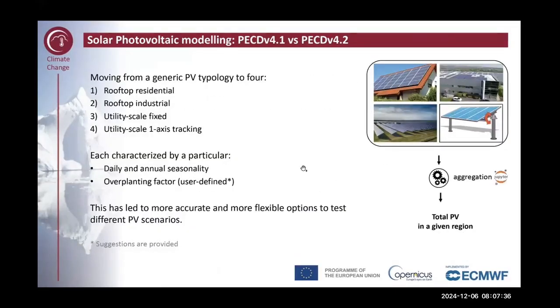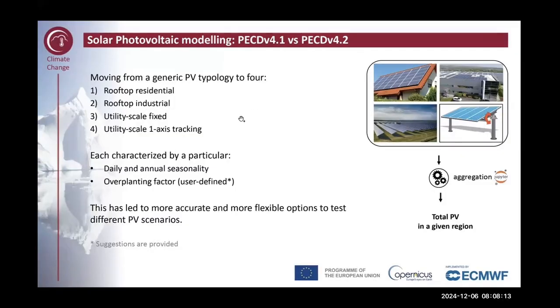Finally, we show some of the updates to the solar PV modeling. One major update was that we started to model different types of PV. From a generic PV in version 4.1, with just one typology, we now have four: rooftop residential, rooftop industrial, utility scale fixed axis, and utility scale with one-axis tracking.